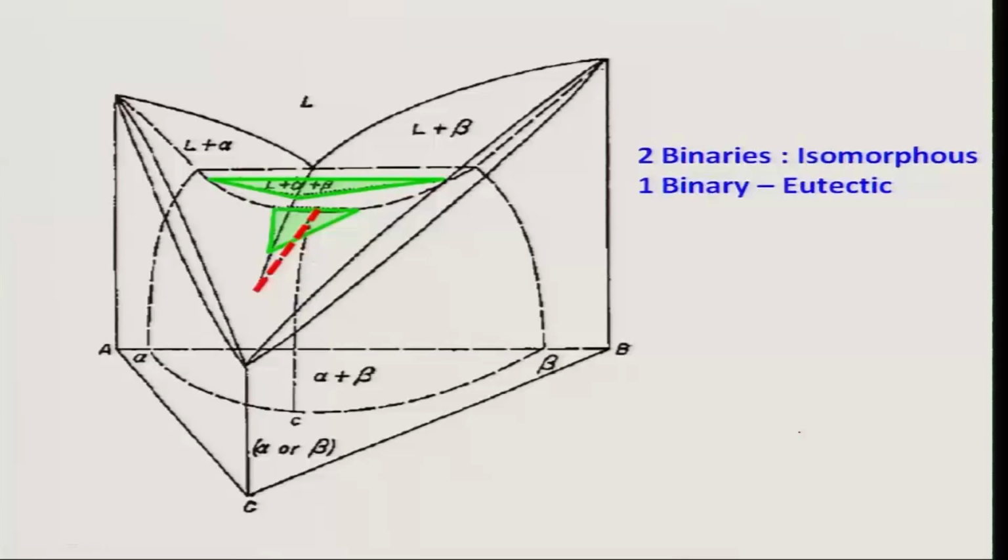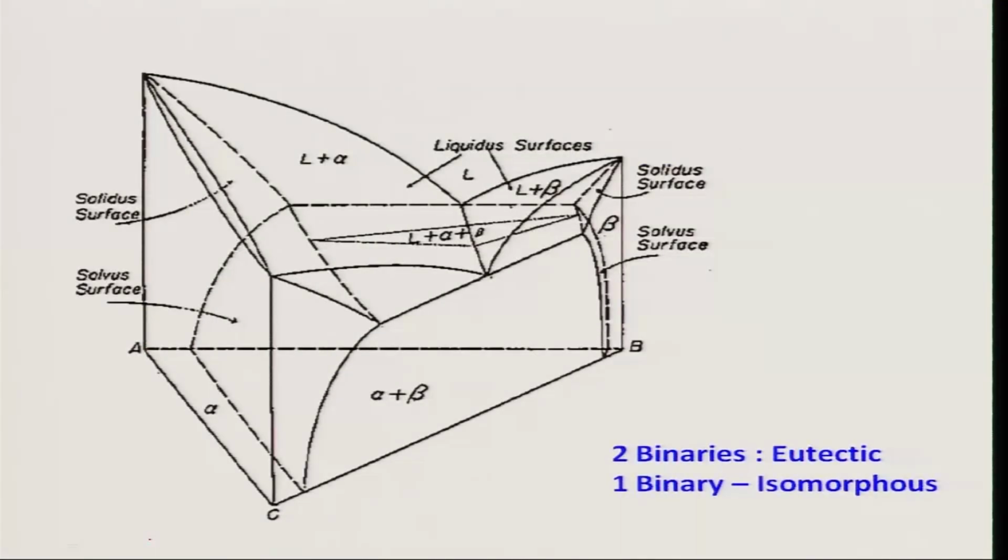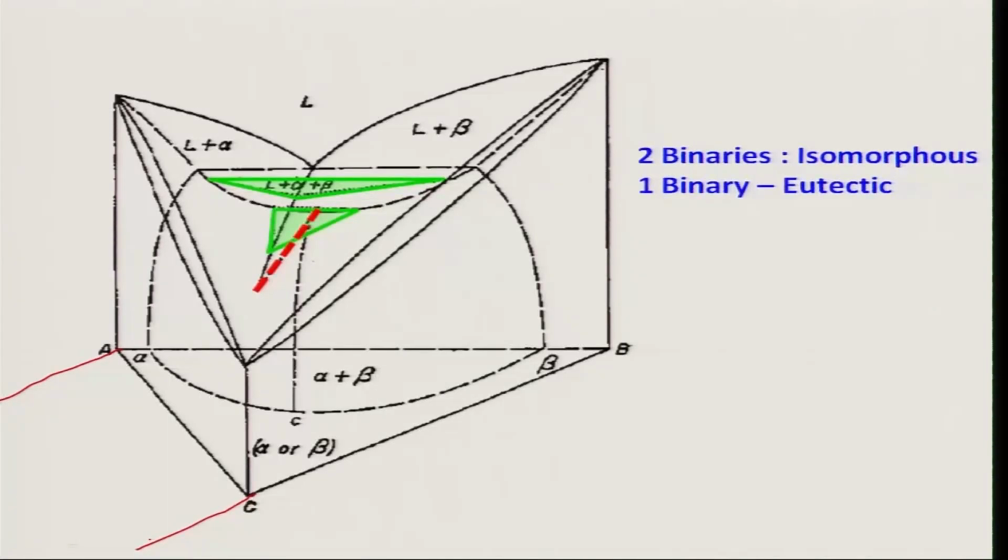Suppose you have the first one, which is shown here on the slide. Out of the 3 binaries, suppose this is one binary AC. This binary is isomorphous.